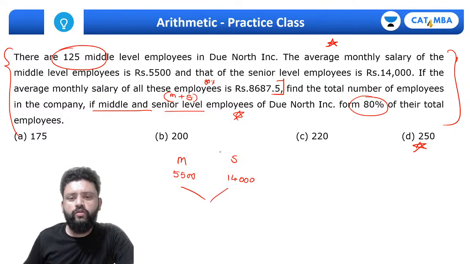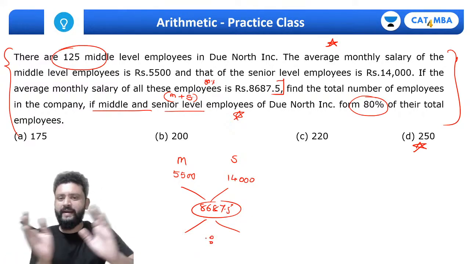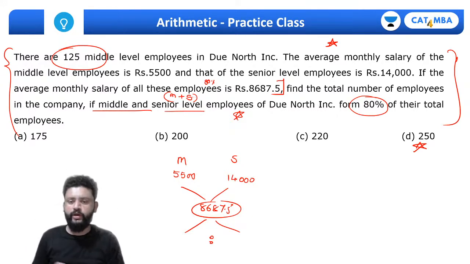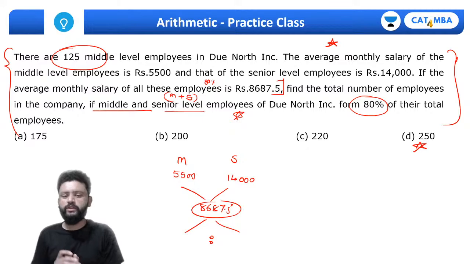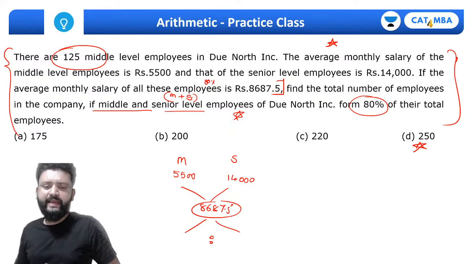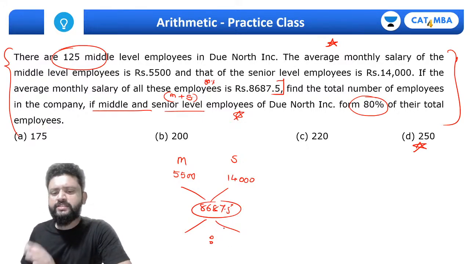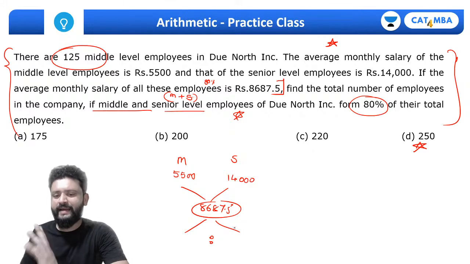So first of all, first thing you need to do is 8,687.5 and take the difference and you will get the ratio of the middle level and senior level employees. अब यहाँ पे ये calculation भी थोड़ा सा tricky तो definitely है, okay, but it is quite manageable. It's not that tough.